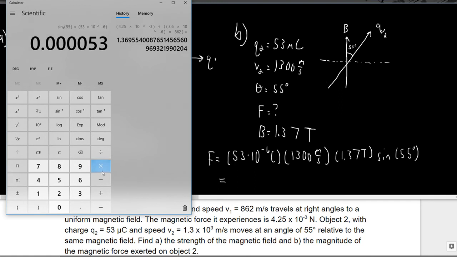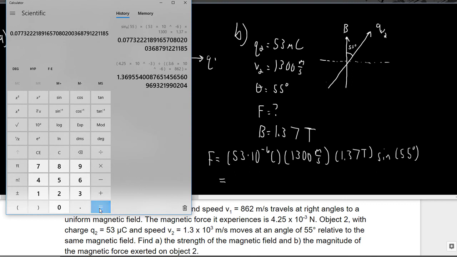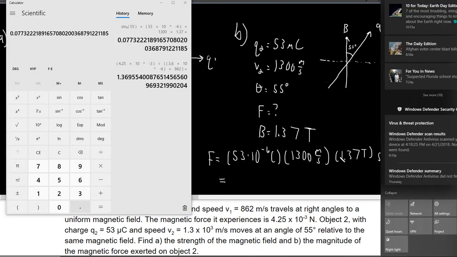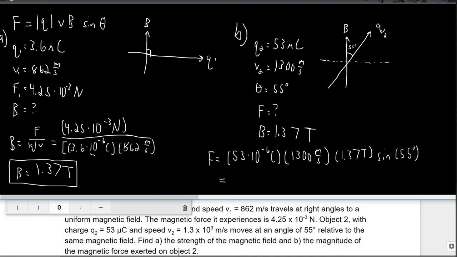Close parentheses, just to make sure my PEMDAS is right, times 1,300 meters per second times 1.37 Teslas. I already took care of the sine part at the beginning. Go ahead and hit equals. We got 0.077. I think that sounds fine.